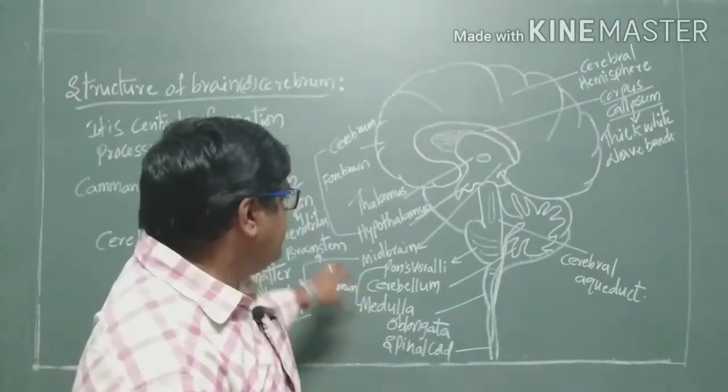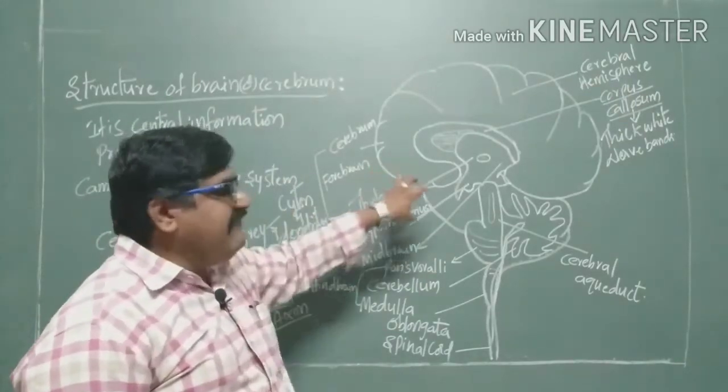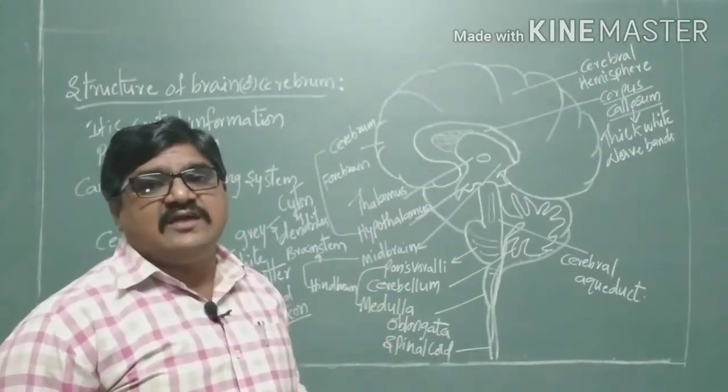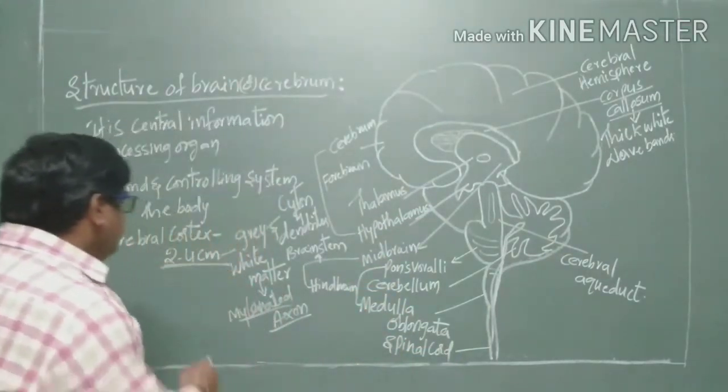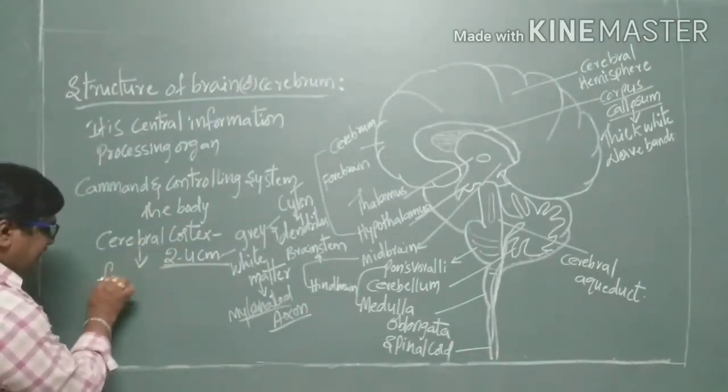And here the cerebral cortex consists of foldings or convolutions.